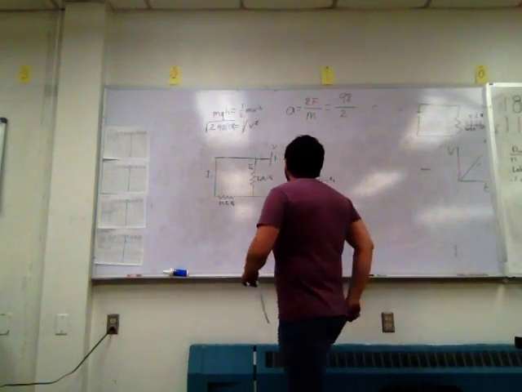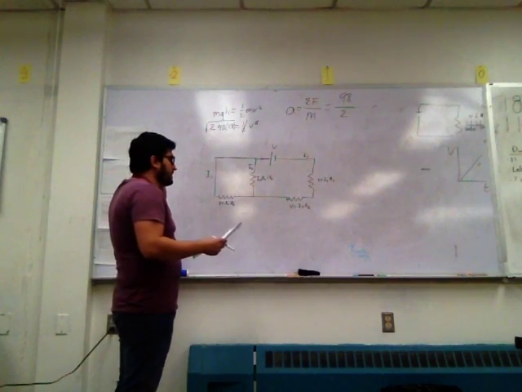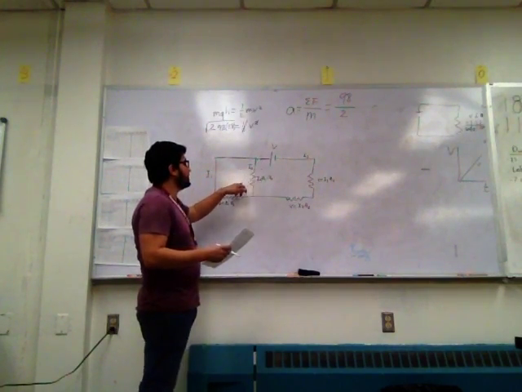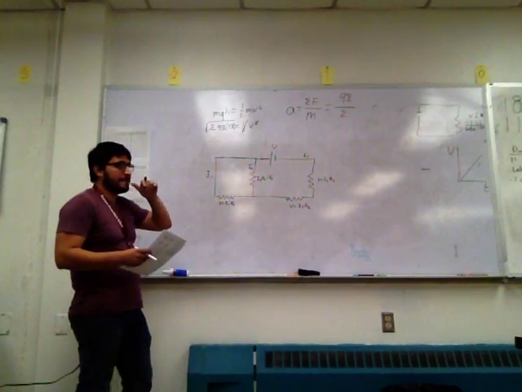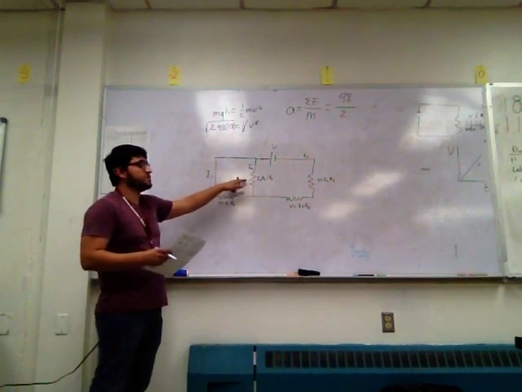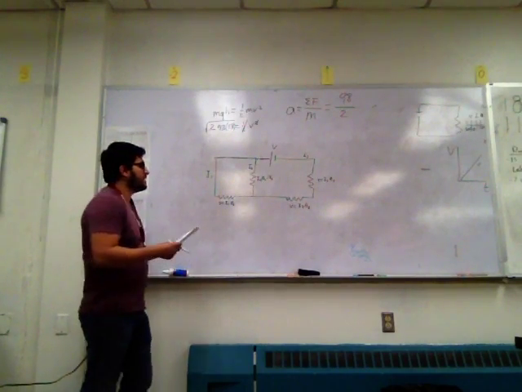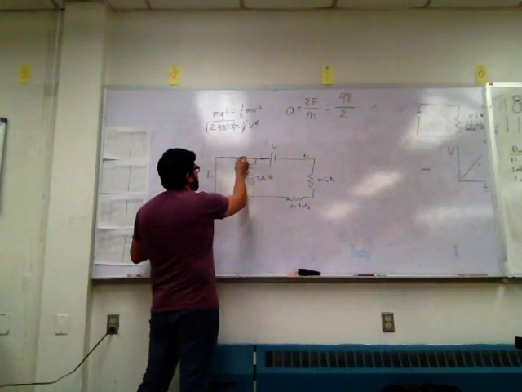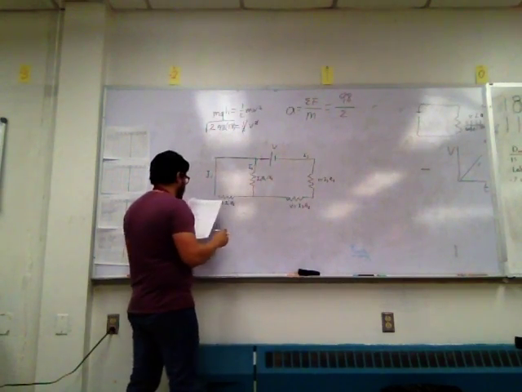So these two are what to each other? These two voltages are equal to each other if it goes this way. The voltage drop should be equal to each other.